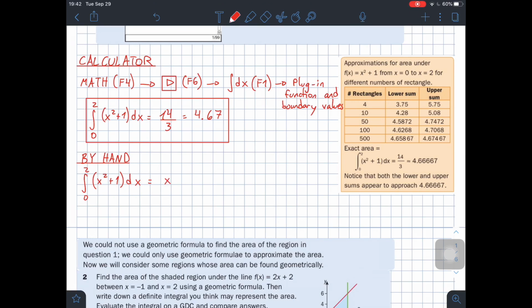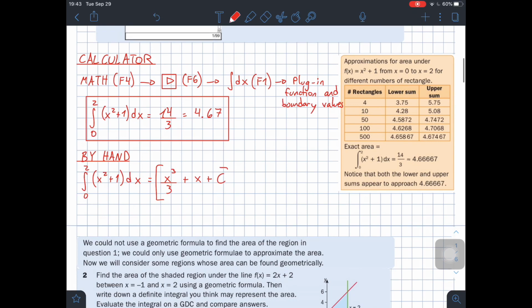If we find this integral, this would be x cubed over 3 plus x plus c. Don't forget plus c. But now you would see that the plus c will get eliminated because we need to evaluate this integral from 0 to 2, according to our expression, right?